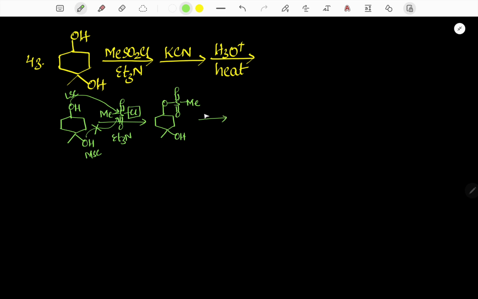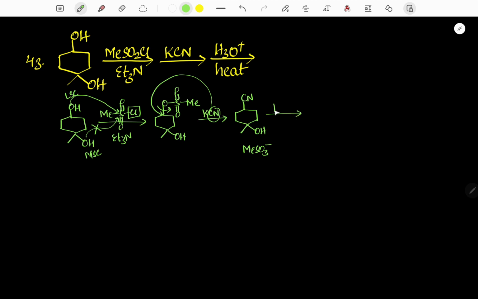Now it is treated with KCN, and KCN is an ambident nucleophile. So mainly the compound is carbon related. So CN minus attacks, the leaving group will leave, and the corresponding cyanide will form, and the leaving group is mesylate.